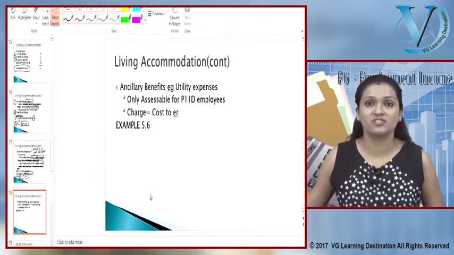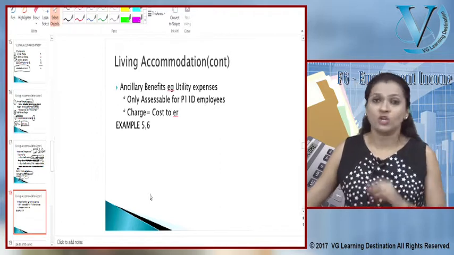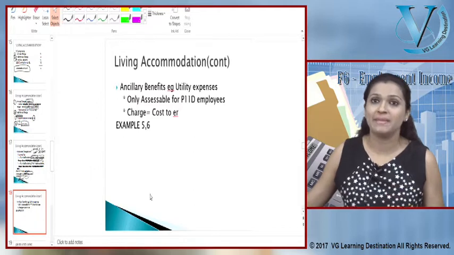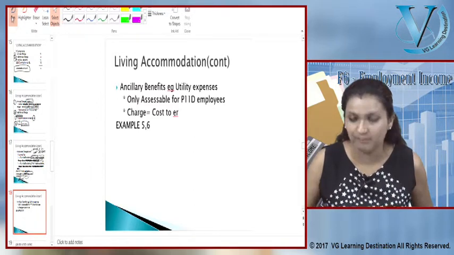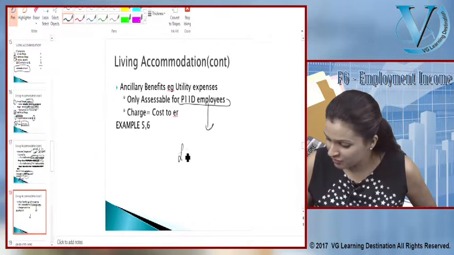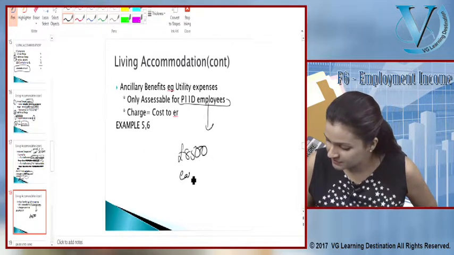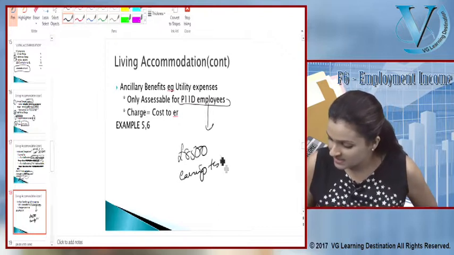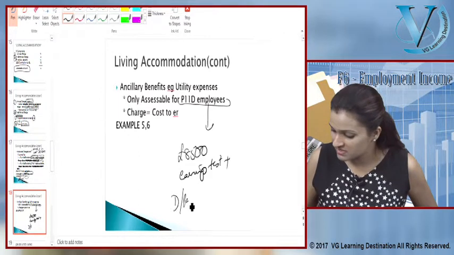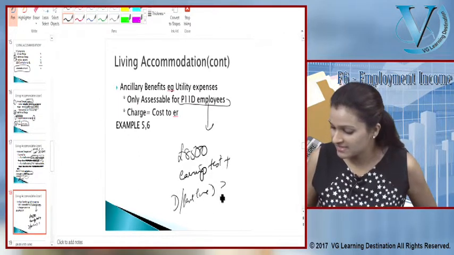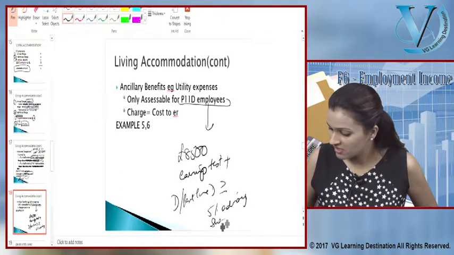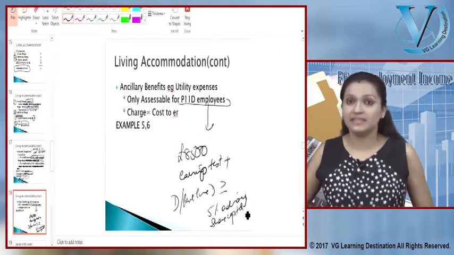Now the third charge being the ancillary charge. The ancillary benefits charge would be levied not on all types of employees but only on P11D employees. Now remember, P11D employees are the employees that fulfill the 8,500 earnings test, or they are directors, even though they are part-time directors, having at least 5% of the ordinary share capital in the organization.